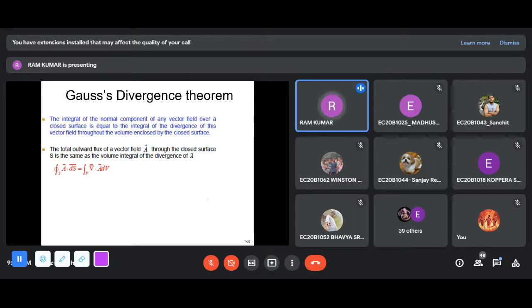Gauss divergence theorem: simply, the total outward flux of a vector field A through a closed surface is the same as the volume integral of the divergence of A. That is, the closed surface integral of A dot ds equals the volume integral of del dot A dv. Here del dot A is the divergence of this A vector.